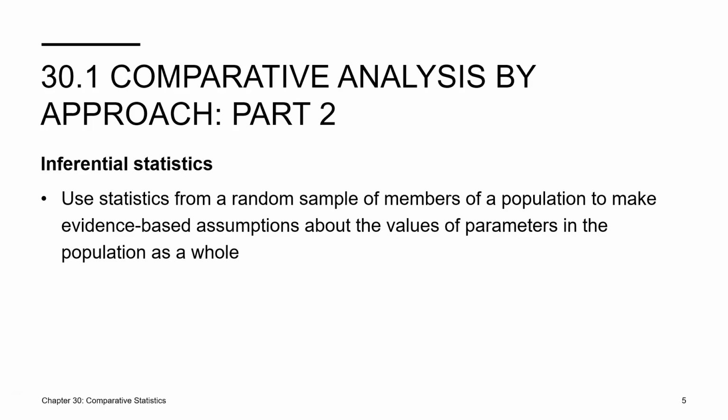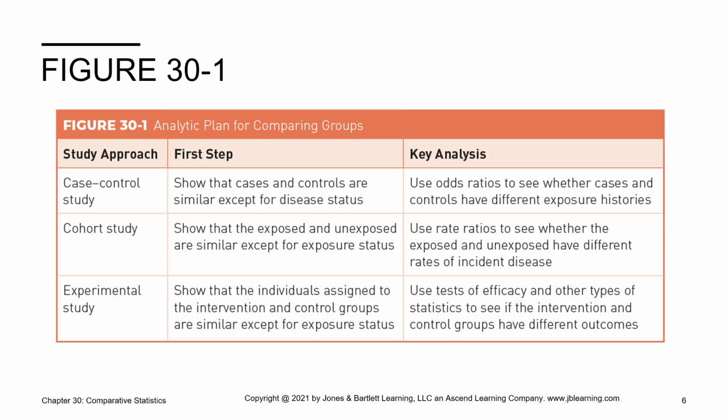That would probably be a waste of time and resources anyways, but not everybody would participate. So you want what you have from that small group of people to be as representative as possible to the larger student body. So Figure 30.1 goes over analytic plans for comparing groups.